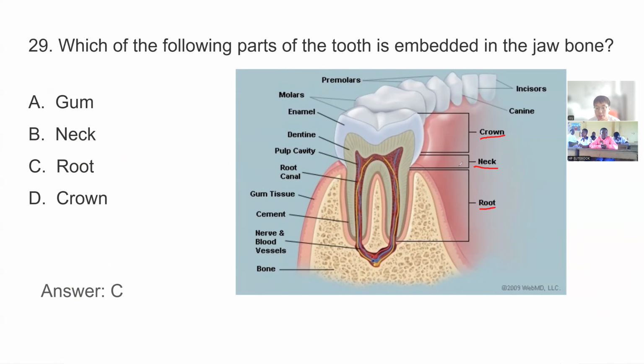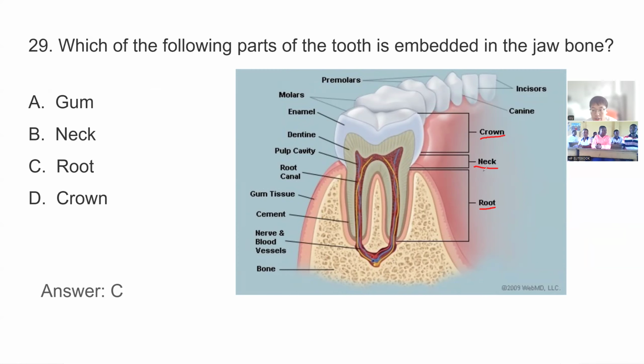This part is the root, this small part is the neck, this part is the crown. The crown is the topmost part, including the enamel and the upper part of the dentine.